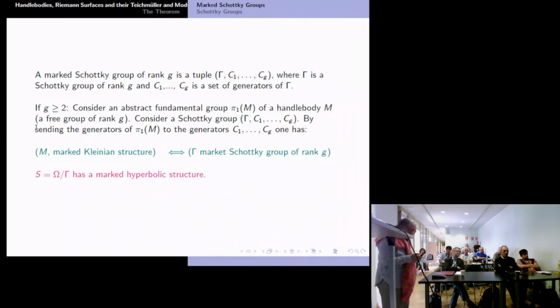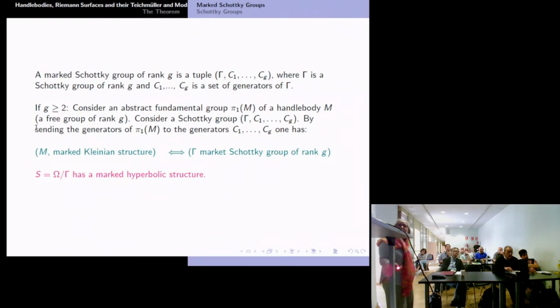We have the lengths of the circles, and of course the circles will give us a marking on the fundamental polyhedron for the handlebody, and also for the fundamental polygon of the corresponding Riemann surface in the boundary. So you see, we are talking about the Teichmüller space here.